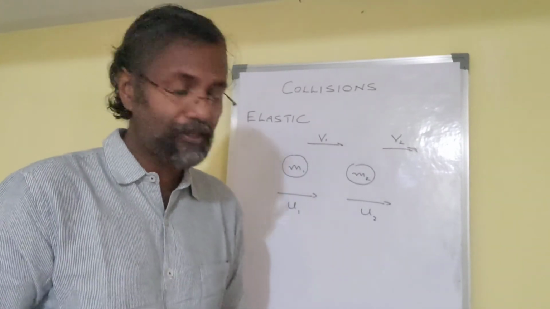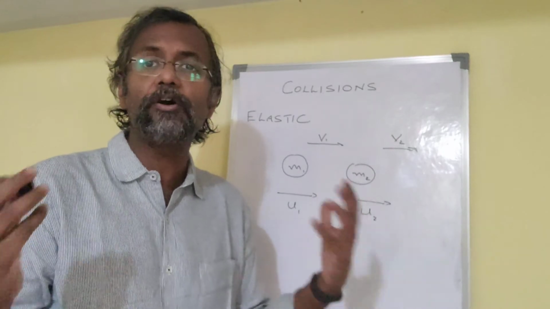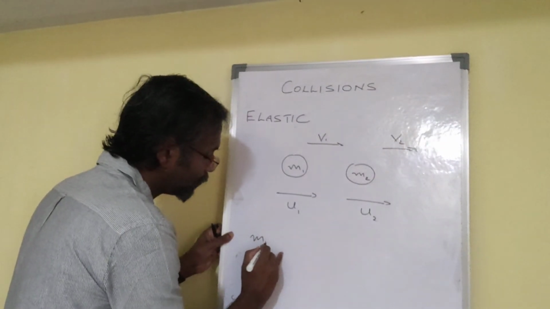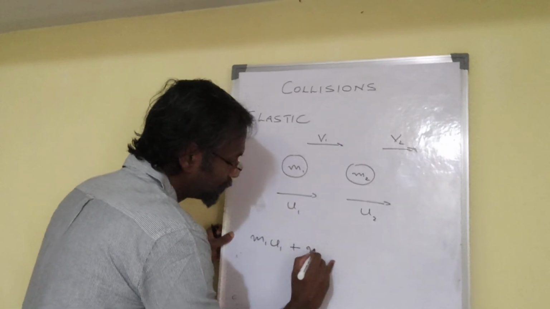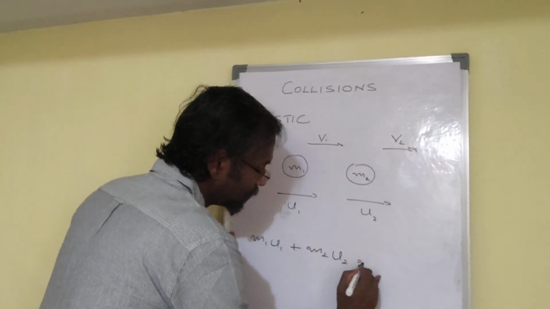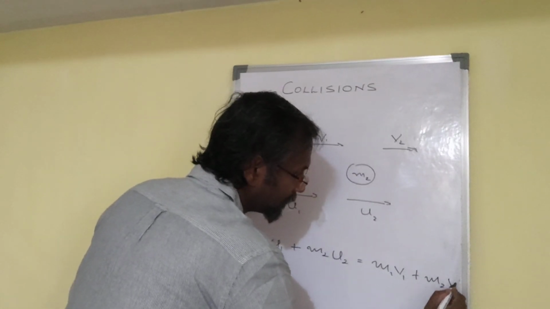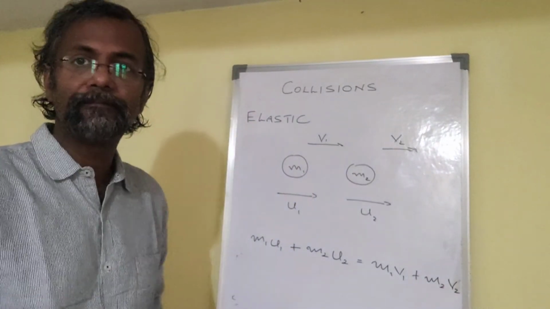Now this again is the case where we bring together the two great laws of conservation. From the law of conservation of momentum, we have m1 u1 plus m2 u2 is equal to m1 v1 plus m2 v2, right?